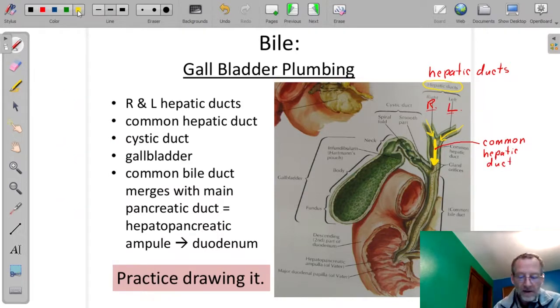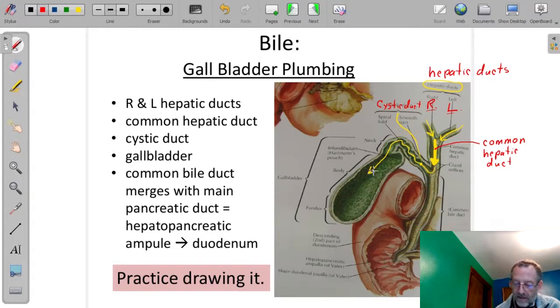And then that bile, as it's being produced, will travel up through the cystic duct into the gallbladder. So this, again, as drawn, is the cystic duct. I don't care about the smooth and spiral portion of that cystic duct.